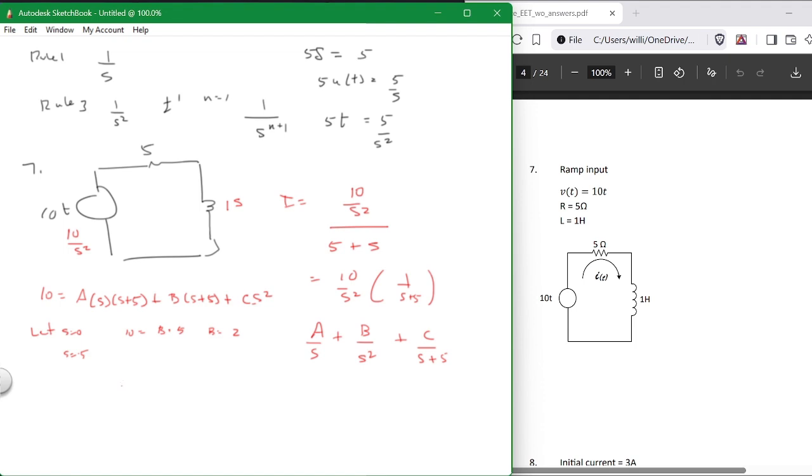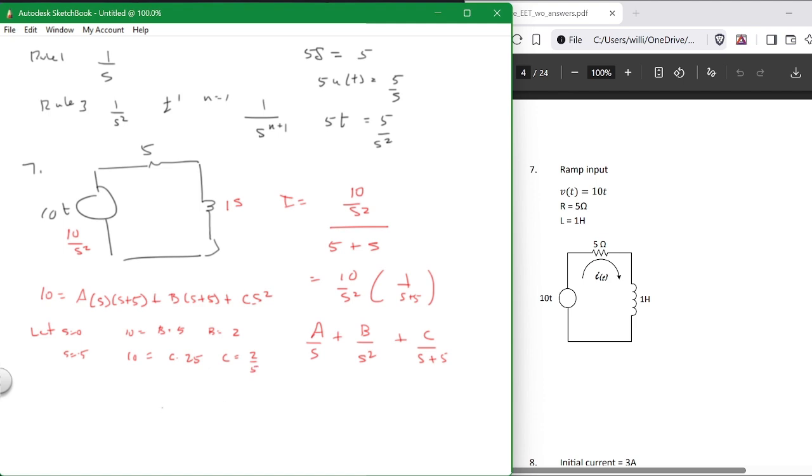So now you got B. Now, what about this term and this term going away? Then you've got 10 is equal to C times 5 squared, or 25. C is equal to 10 over 25, or what? 2/5. Everybody agree with that?